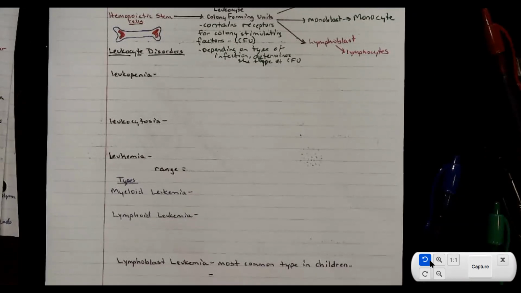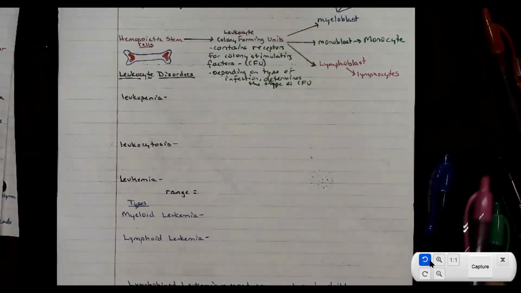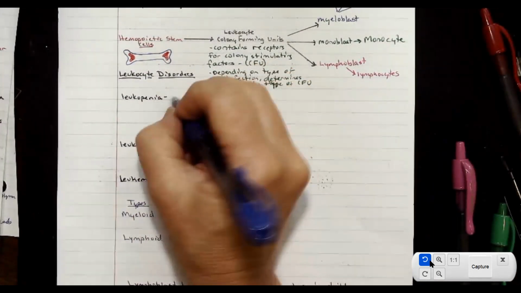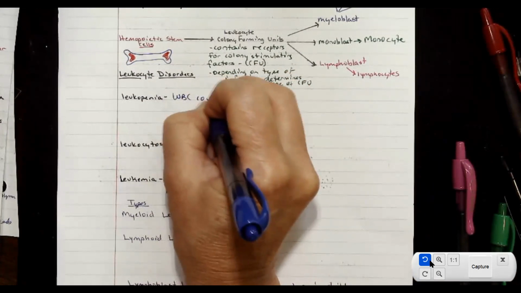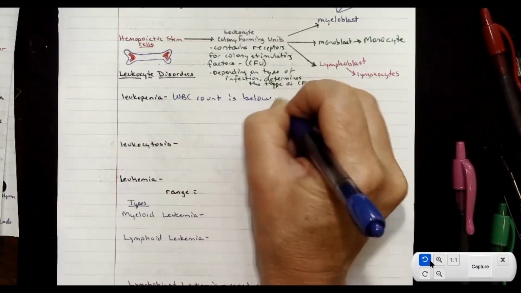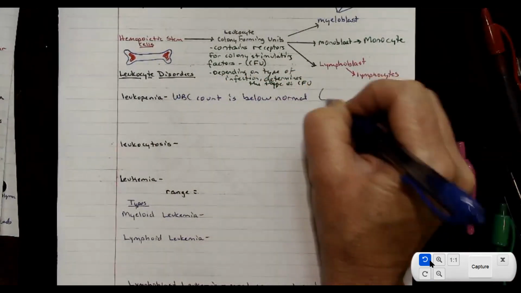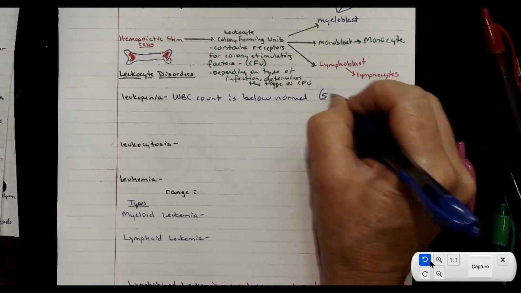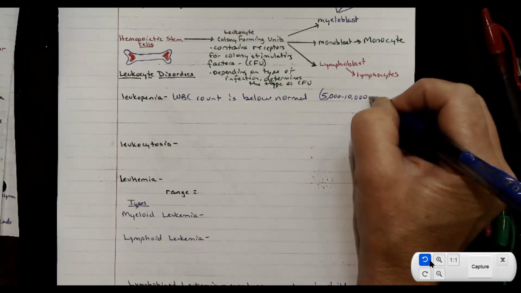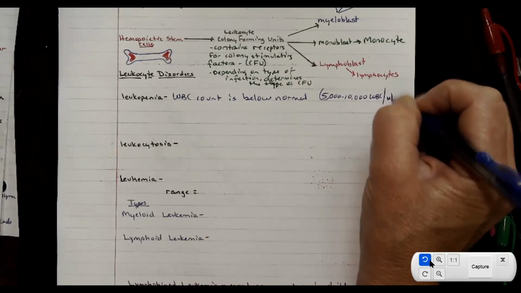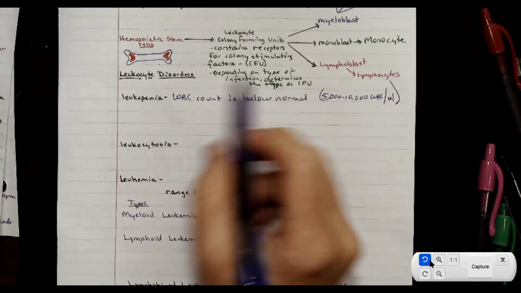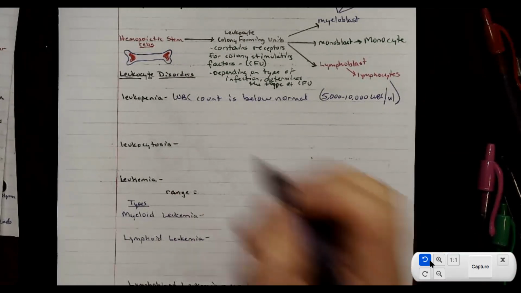A couple of leukocyte disorders. Leukopenia is when the white blood cell count is below normal. What is normal? Normal is anywhere between 5,000 to 10,000 white blood cells per microliter. So if you have below 5,000, it's called leukopenia. What can cause this?